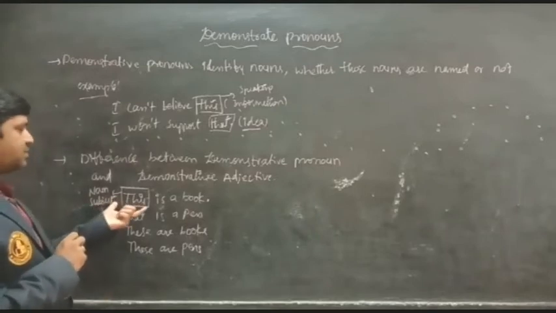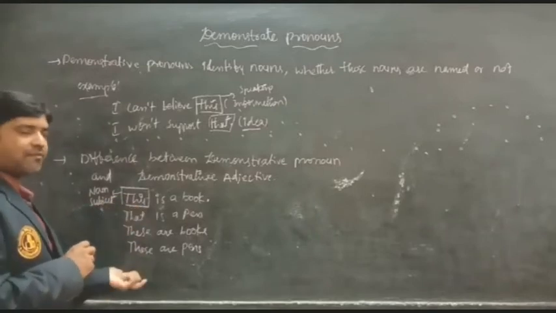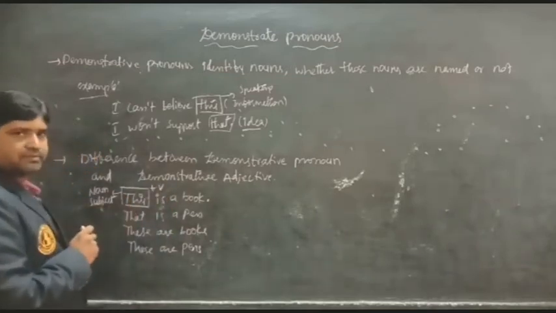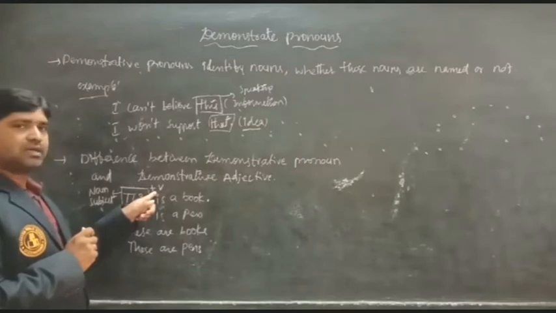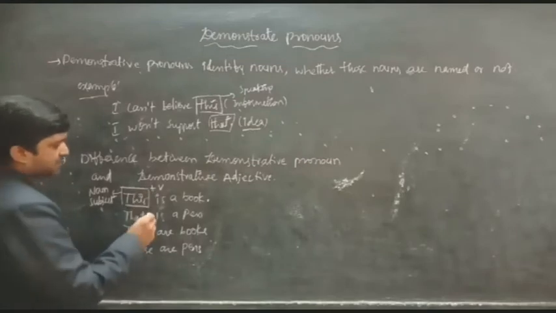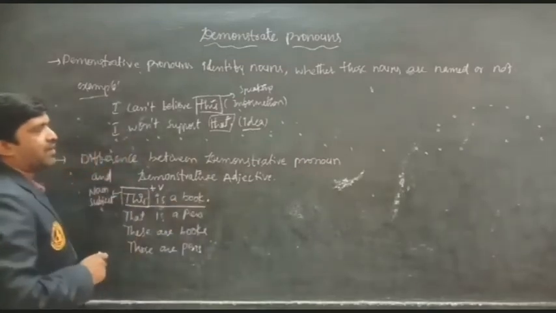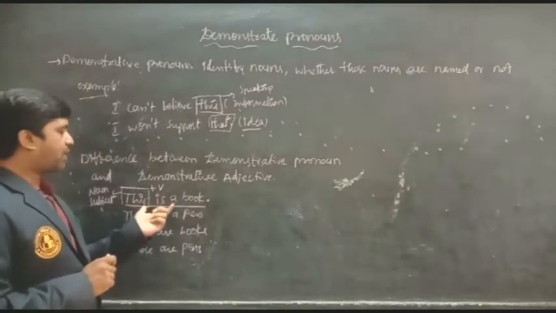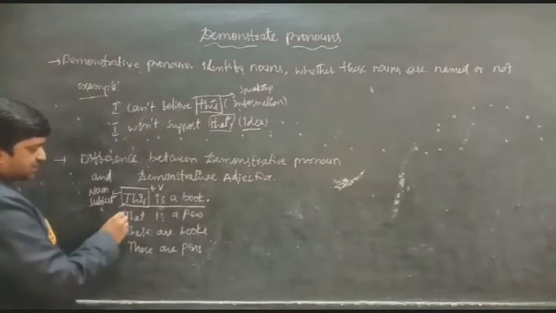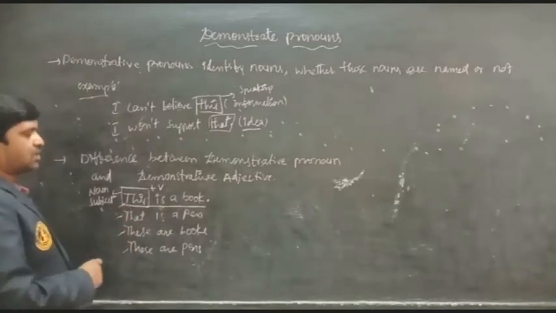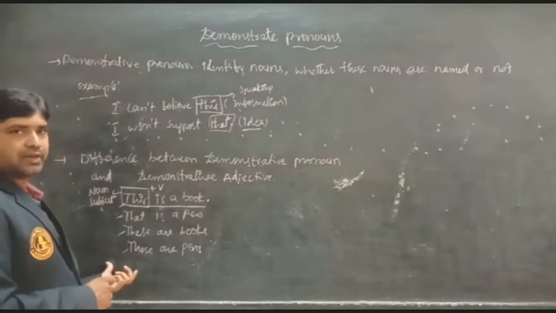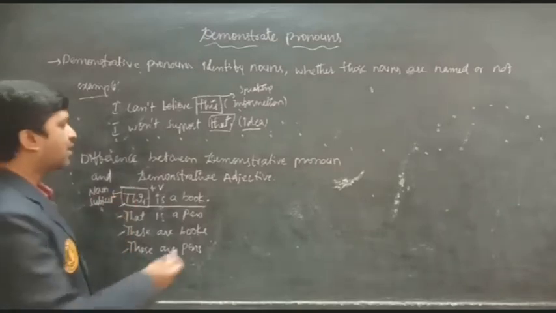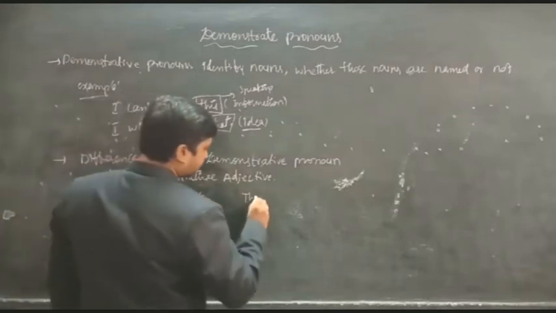It is a subject. We are using it in the place of the subject, and after that it is followed by the verb. So these types of sentences we call demonstrative pronouns. This, that, these, those are all called demonstrative pronouns, and they are in the place of the subject. Let's have a look at this.